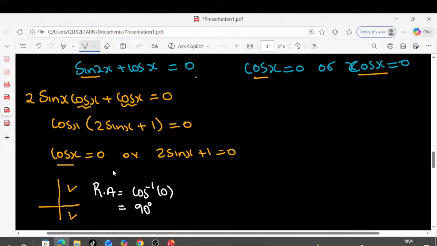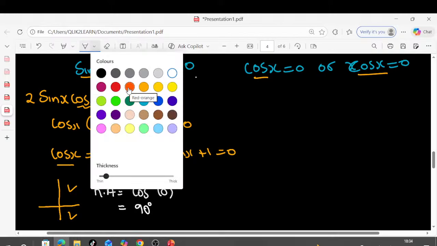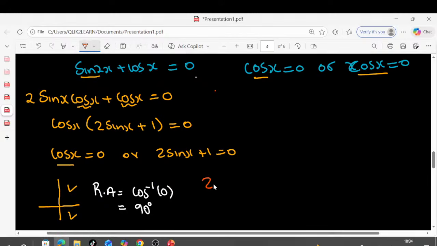I'll explain later why we need the reference angle. Let's work on the other side. When we solve this, it will be 2 sine x plus 1 is equal to 0.